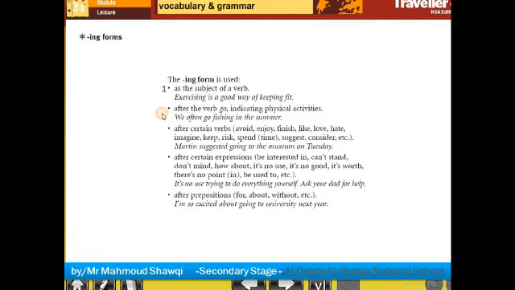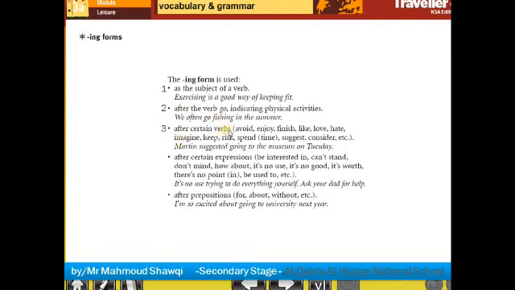Okay, number 2. After the verb go, indicating physical activities. After go, we often go fishing, go windsurfing, go swimming. After go, we add ing to the verb. Number 3.